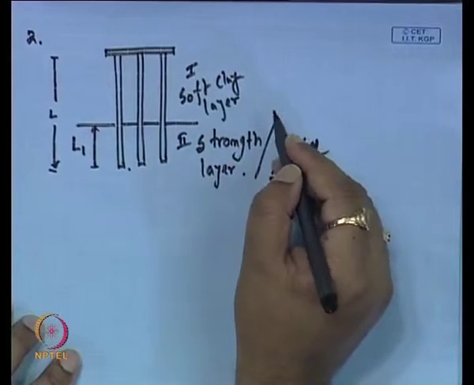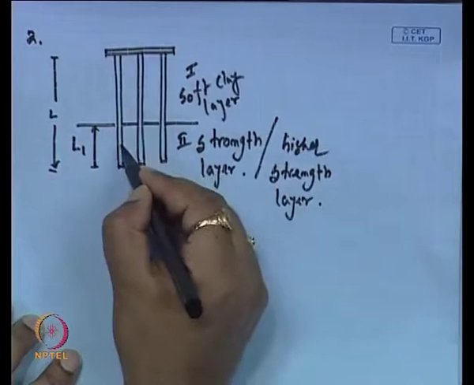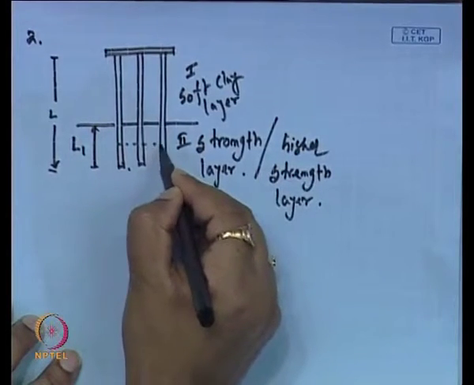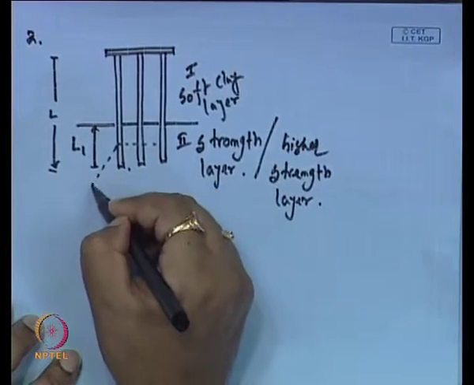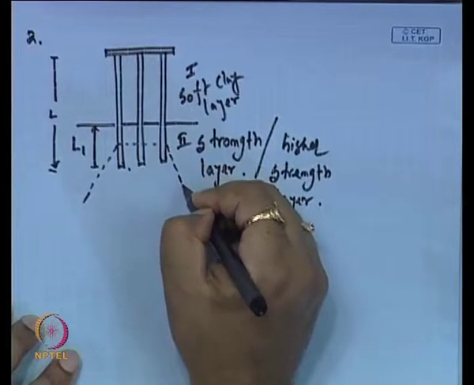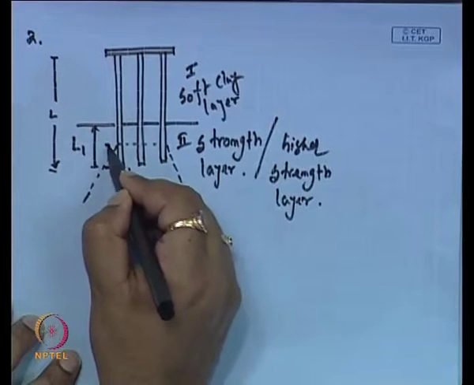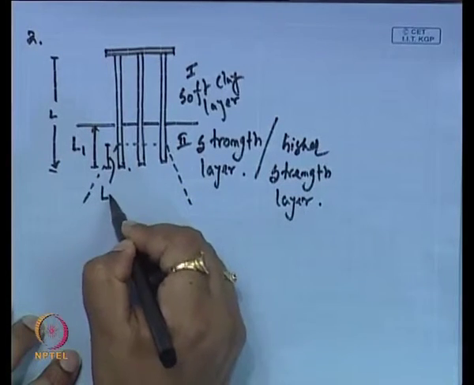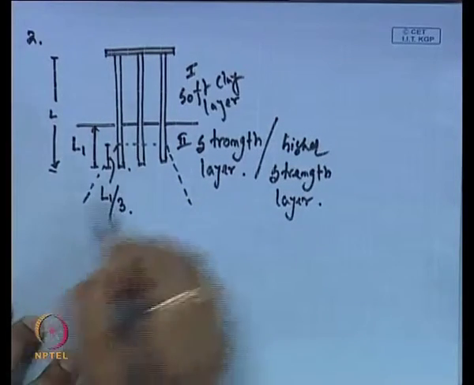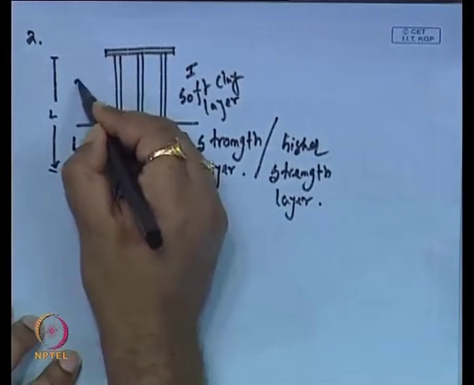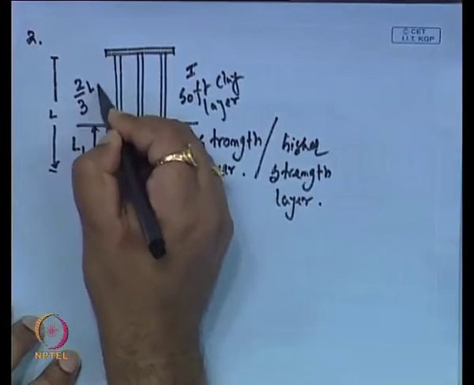Now, here the distribution will be at this level, that is, this will be the distribution level. So, this distance is L1 by 3 and this distance is 2/3 of L1.